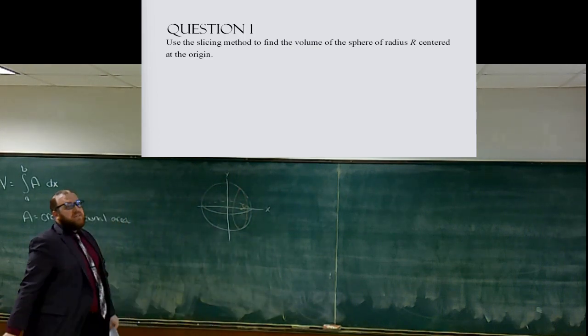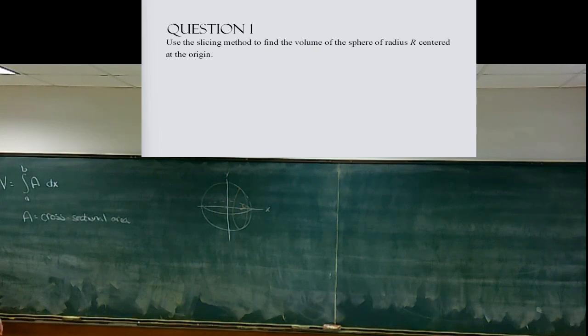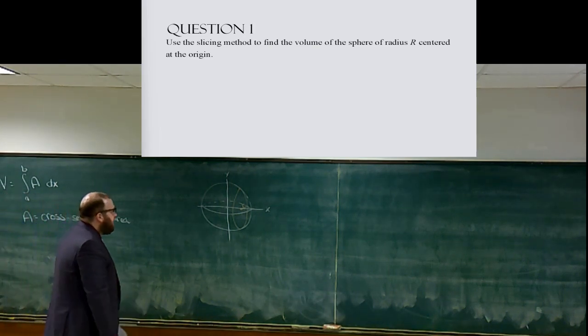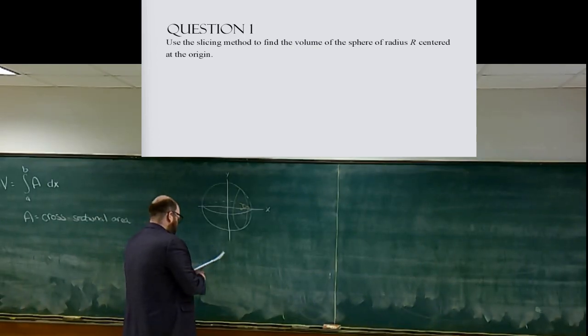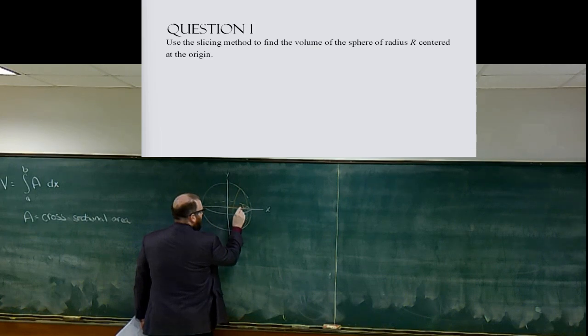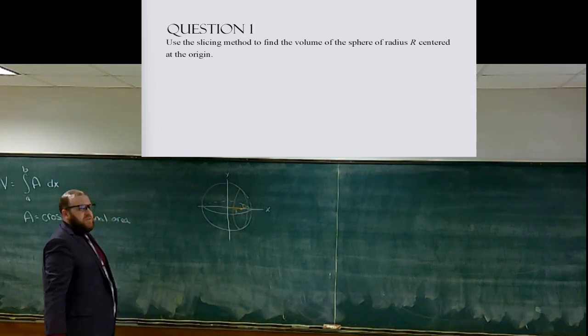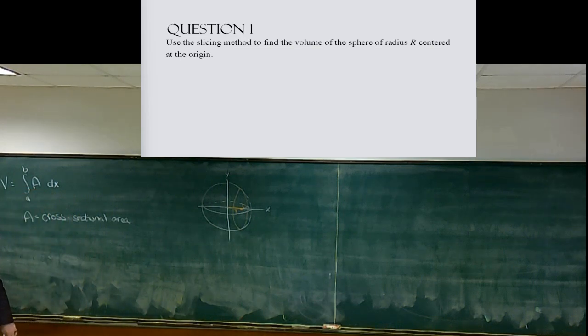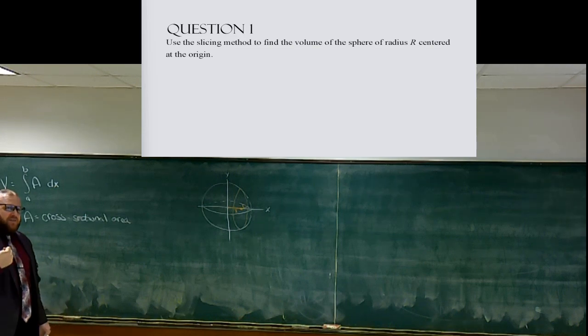I'm going to draw my XY axes. So we're going to say that the center of this cross-section circle is some point on the x-axis. We're going to call that point x.